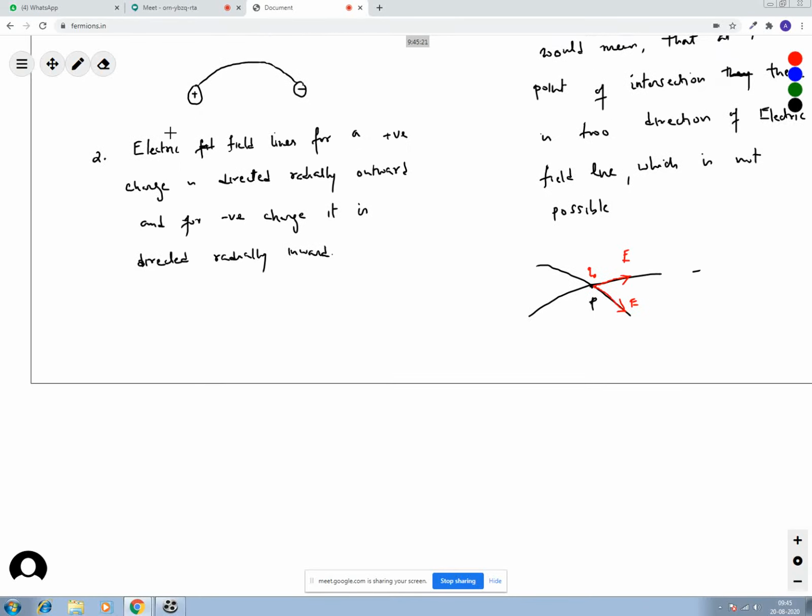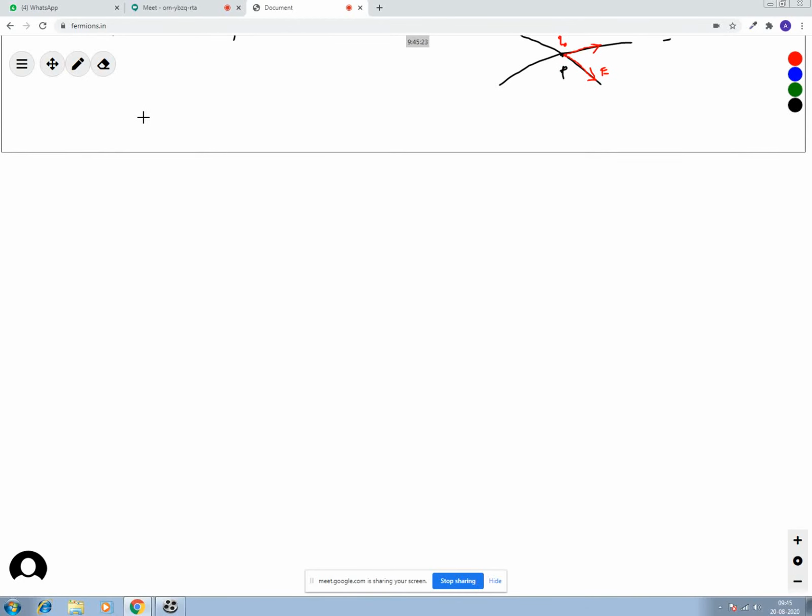Next, number 4, the tangent at any point on the line gives the direction of the electric field at that point.